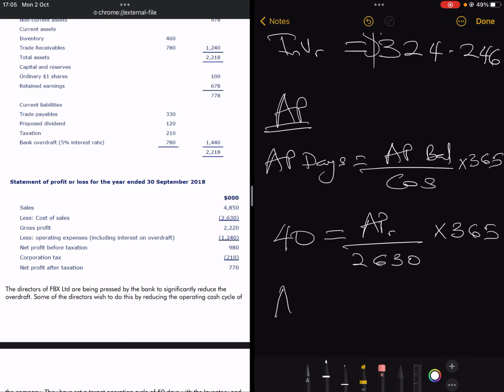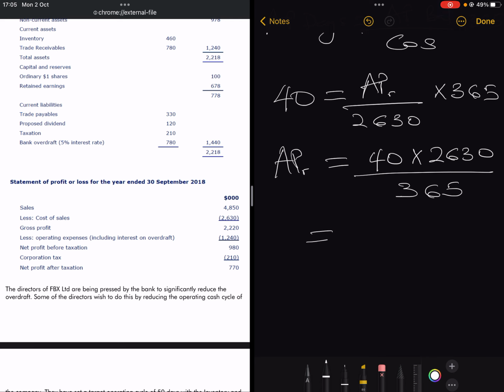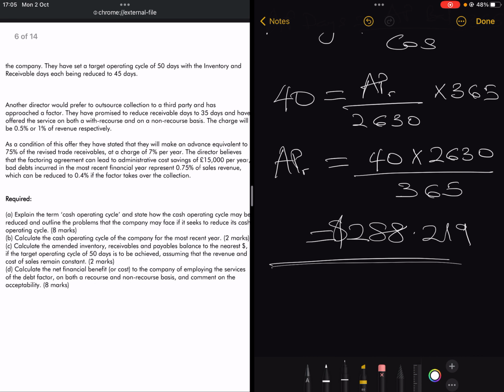We rearrange the formula and the AP revised will equal 40 multiplied by 2630 divided by 365. If you use your calculator, 40 times 2630 divided by 365, that will give us the revised account payable of $288.219 in dollars as well. So these are the revised balances as requested in question C.